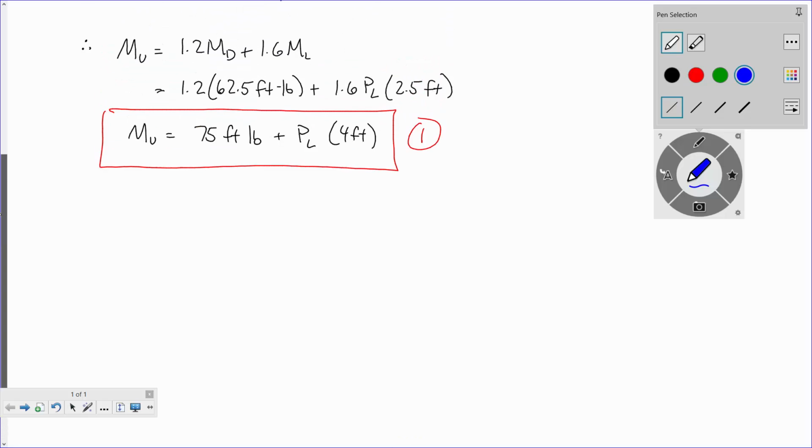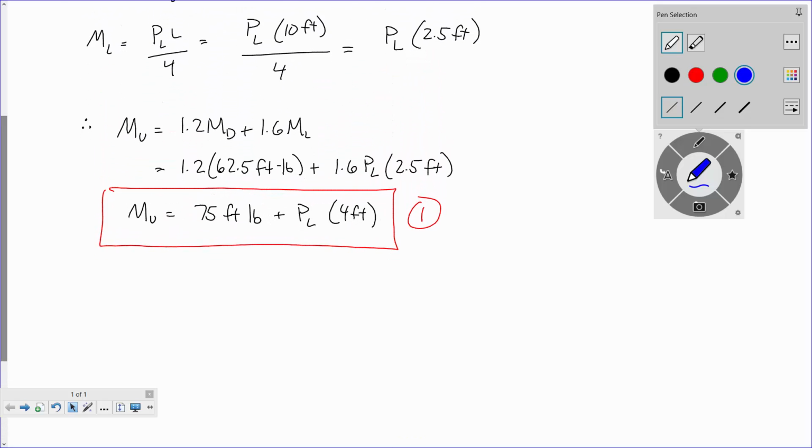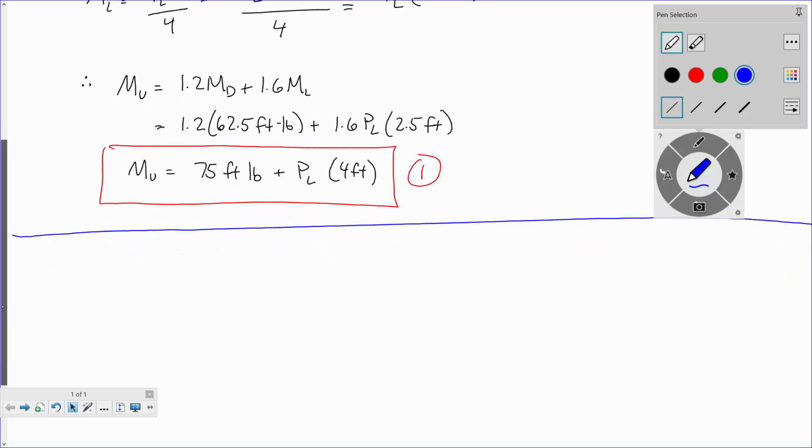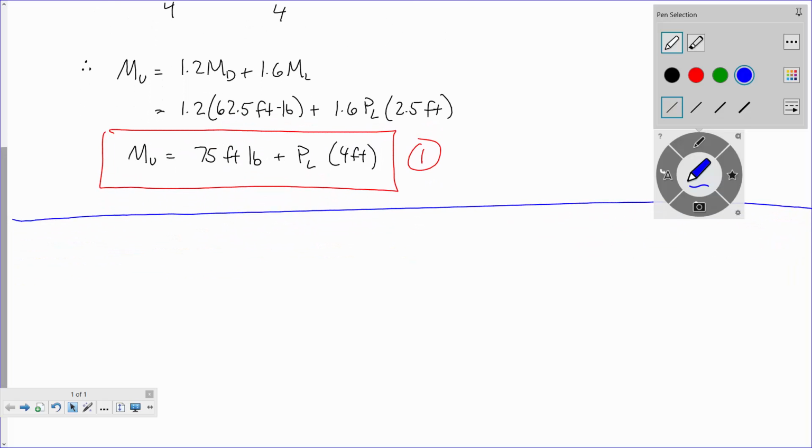So I'm going to take this. Oh, here, I'll do this. Is that good? All right. So let's take a look at the beam itself. So what's going on with the beam? We got a beam that's rectangular, and we got the top is 12 inches.